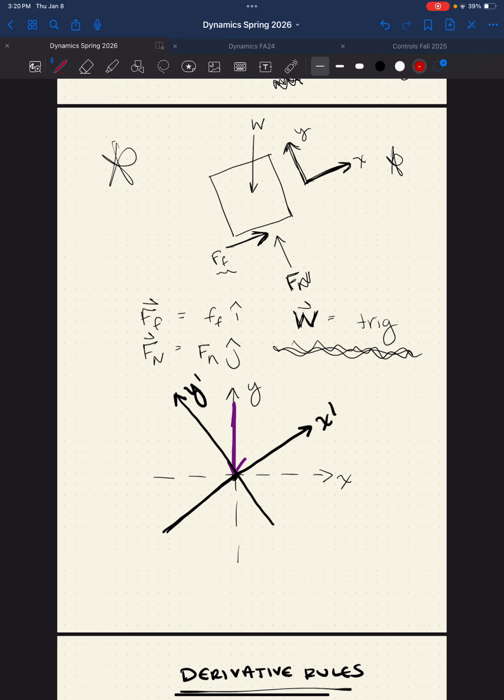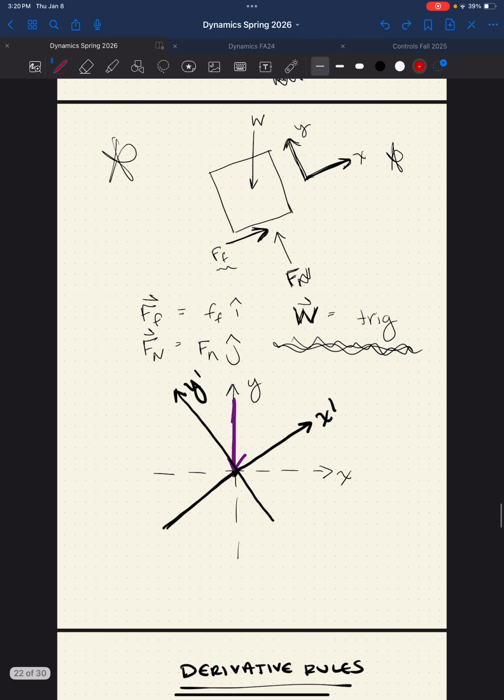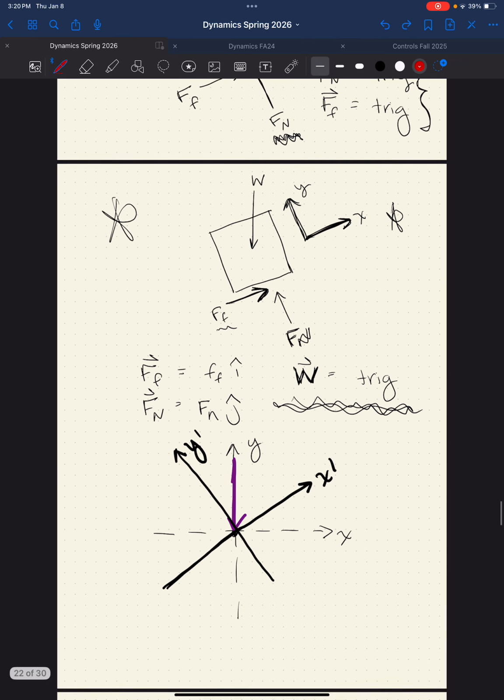Now, I need to know the angle between these two coordinate systems in order for me to do the trig. And the way that I know the angle is I want to look at all of the wedges created by drawing these two coordinate systems right on top of each other. And I want to find the wedge that looks the same, basically in shape, as the inclined plane that this box is sitting on.